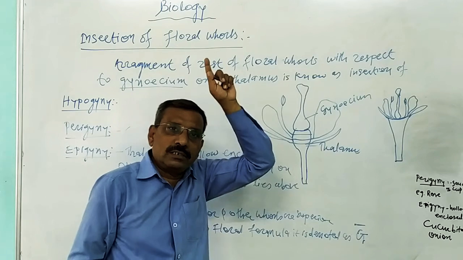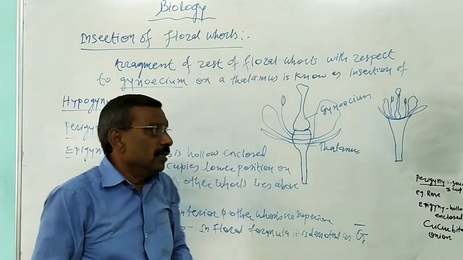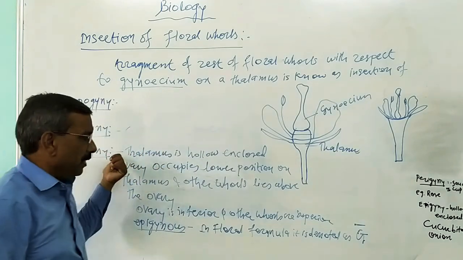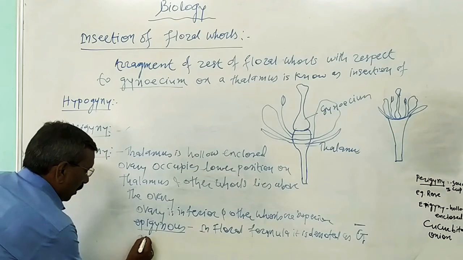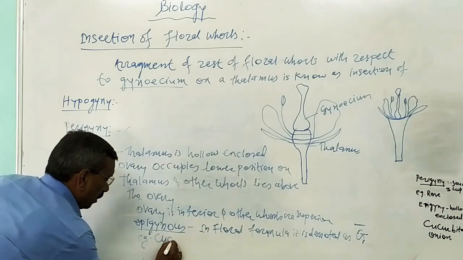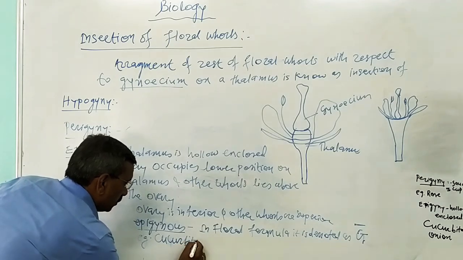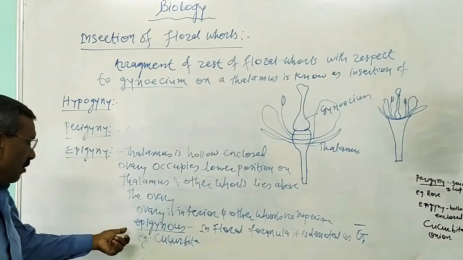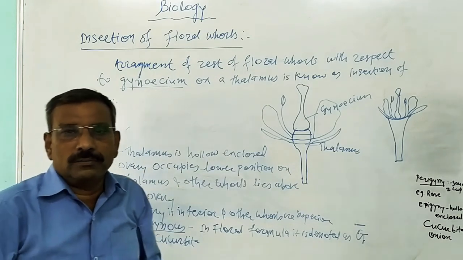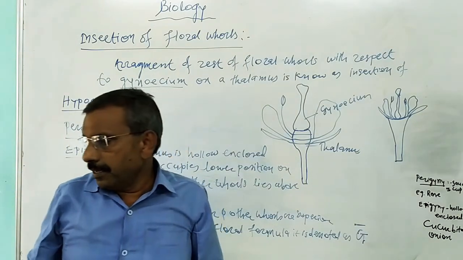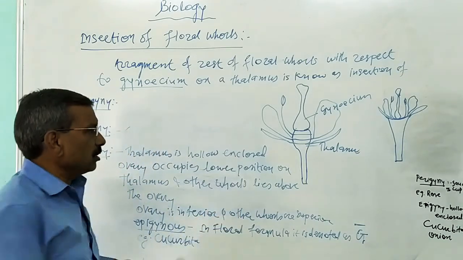Hence the other whorls are superior and the ovary is inferior. Such a condition is known as epigyne, and the flower is known as an epigynous flower. An example of this is cucurbita. If we look at the flower of the pumpkin plant, we get the epigynous condition, epigynous flowers, and the condition is epigyne. In this way, this is about insertion of floral whorls.